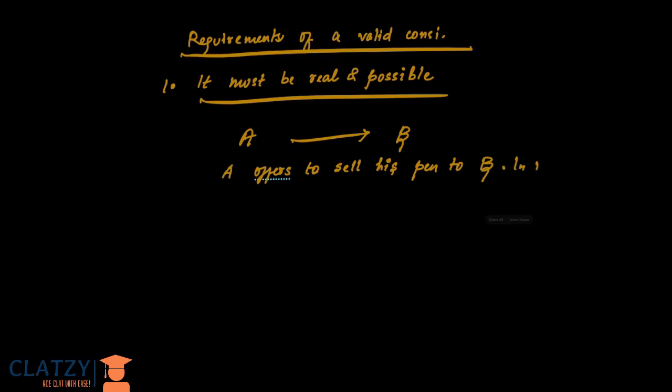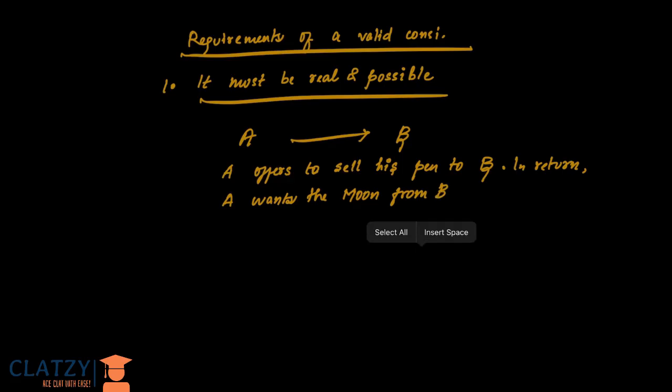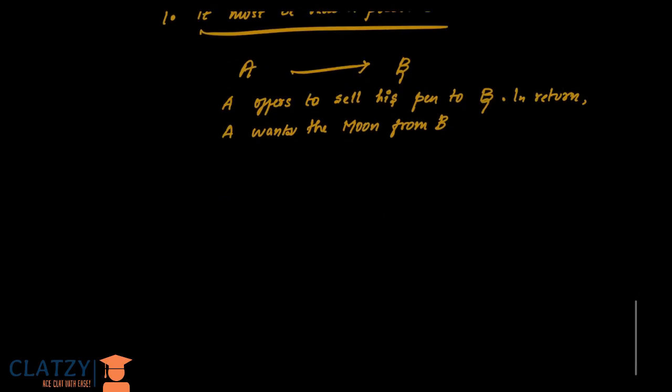In return, A wants the moon from B. Okay, so A is selling his pen to B, and the thing that A wants in return is not money or anything else. A wants B to get the moon for him from the sky. So let's see, do we have consideration here?